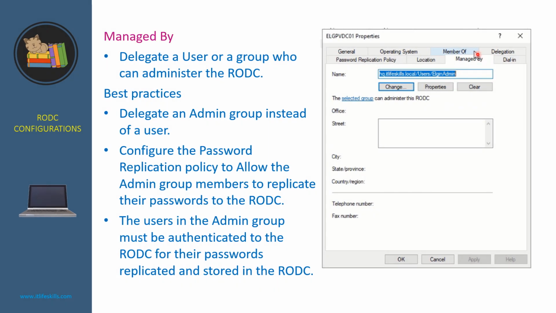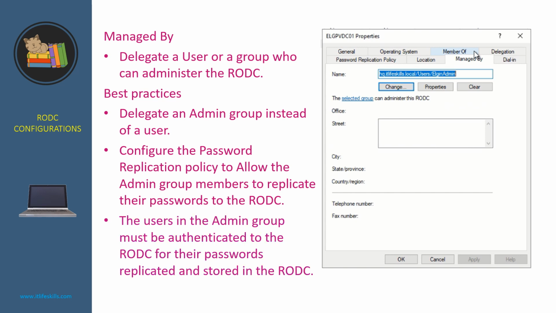In the Managed By tab of the RODC properties, we can delegate a user or a group who can administer the RODC. For best practices, we should delegate an admin group instead of a user. Then configure the password replication policy to allow the admin group members to replicate their passwords to the RODC.